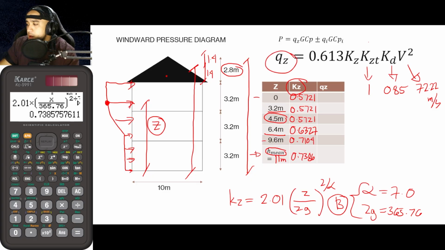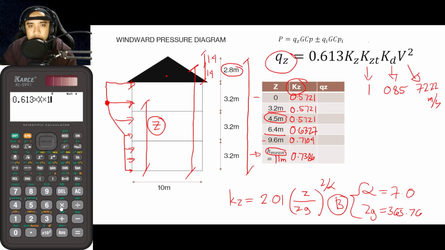Okay, so I will now be changing the equation in my calculator as 0.613 times KZ. So KZ would vary. Depending upon the height, KZ would vary. So I would type alpha x once again, times KZT. KZT would be constant as 1 regardless of the height. KD is also 0.85.